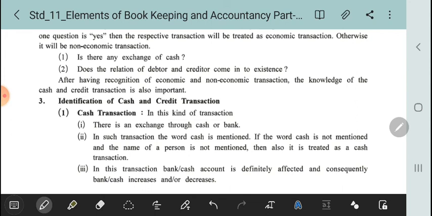So for today's lecture it is enough. Please note down the terms and complete illustration number 1 in your CW book of our tuition class. We will meet tomorrow and start with illustration number 2, and moving further we'll discuss further illustrations and terminologies which are given according to your syllabus.